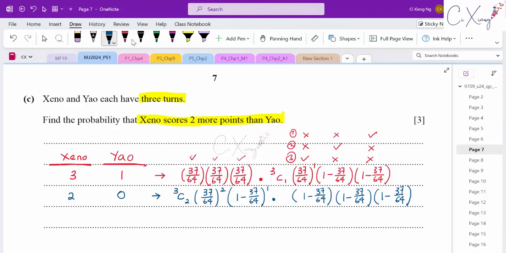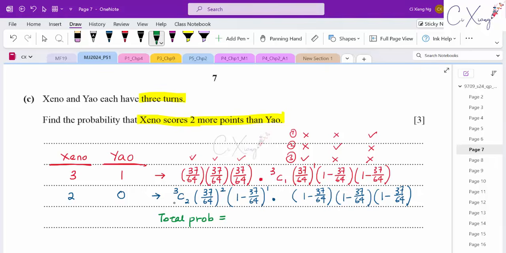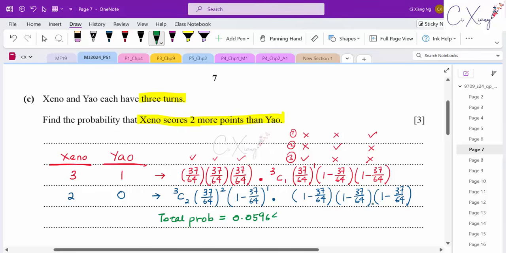To get the final answer, of course, you need to total them up. So you get the answer for the red color probability, multiply everything together. Then you multiply the answer for the blue color probability as well. Then you add them together. If you use the calculator, for the first case you should have this super long value.